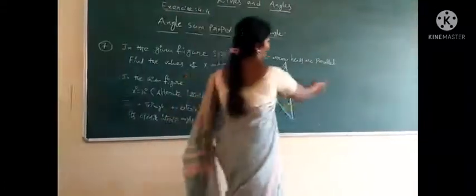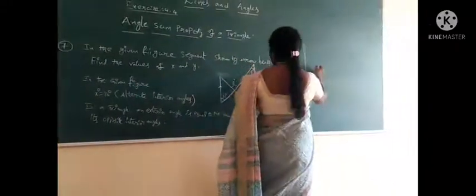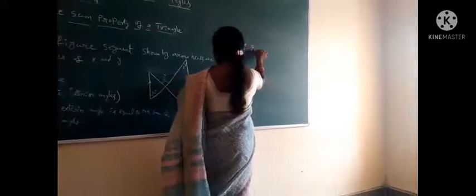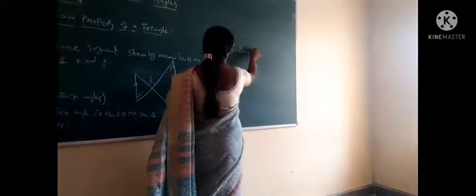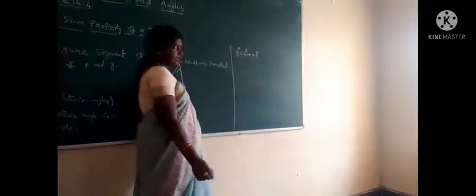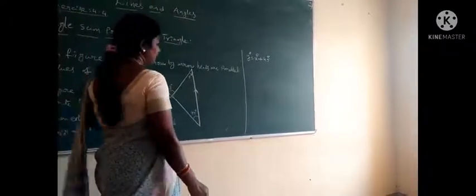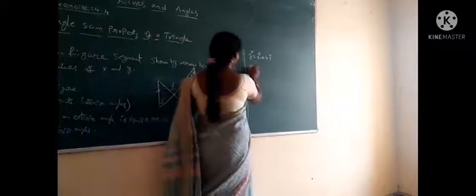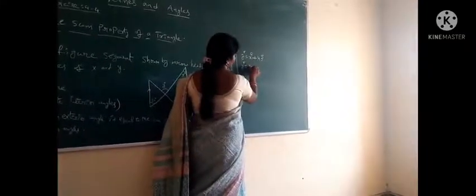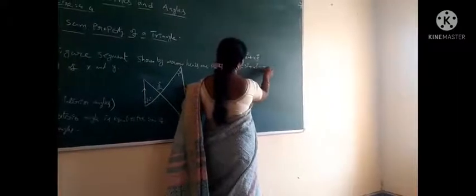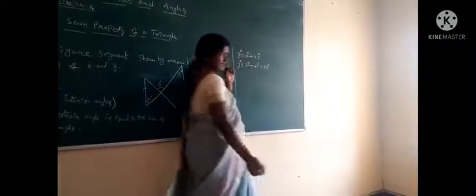So y degrees is equal to x degrees plus 45 degrees. But x value is 30 degrees. So, y degrees is equal to 30 degrees plus 45 degrees is equal to 75 degrees.